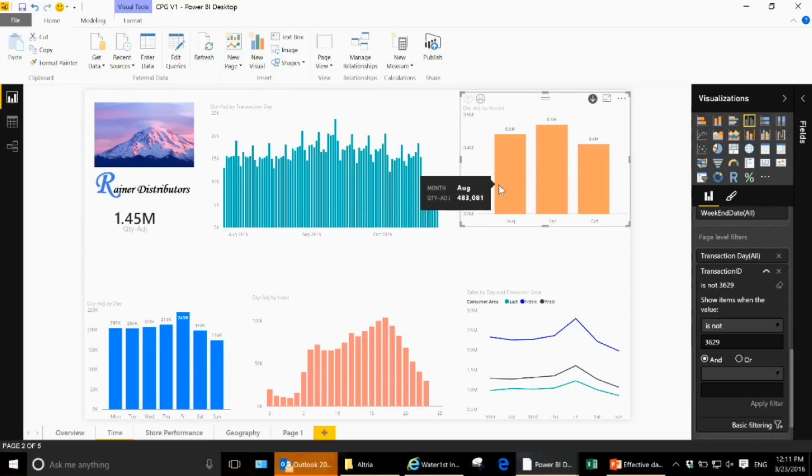We could also go in, drill in, and figure out what happened in October, in that last week of October. And again, see if we really had this big drop in sales, or more likely there's some other cause. But it's because the data model is constructed in such a way that we're easily able to drill down and see that.